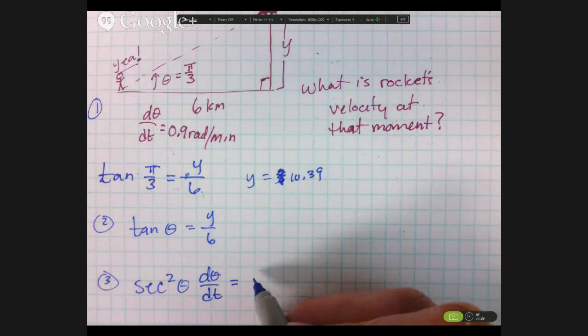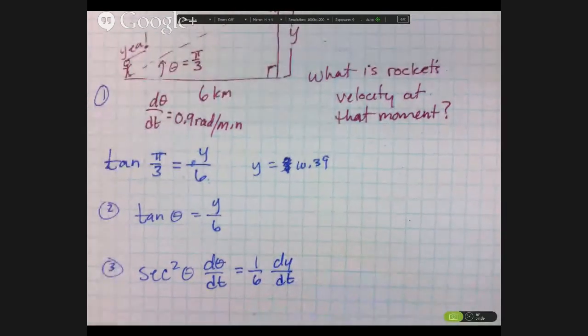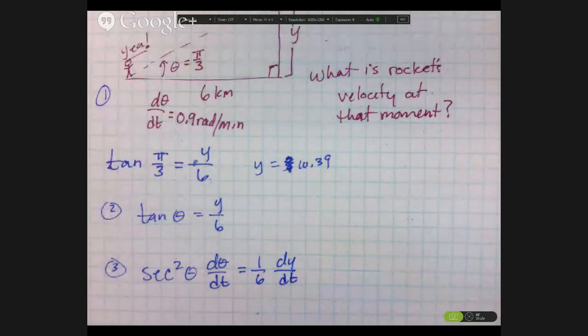What's the derivative of y? 1/6 dy dt. Okay. Don't make it harder than it is. Don't make it too hard on yourselves, like hitting your head against a wall and trying to make a hole.